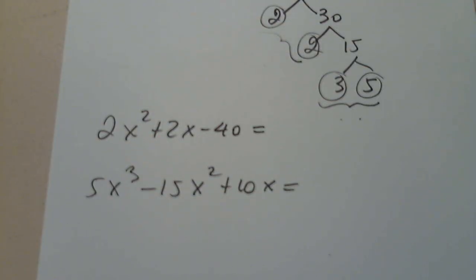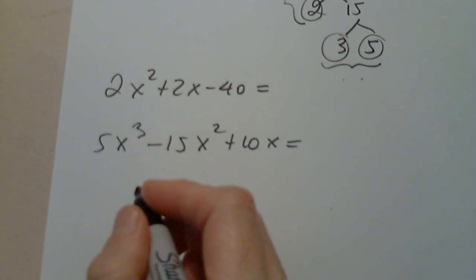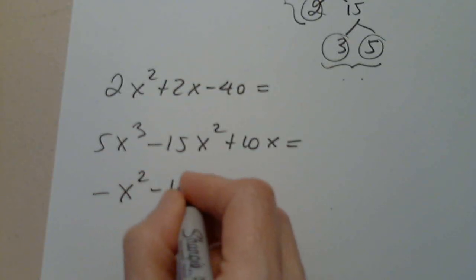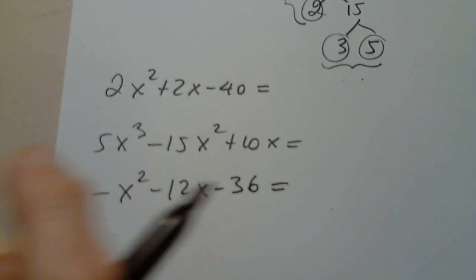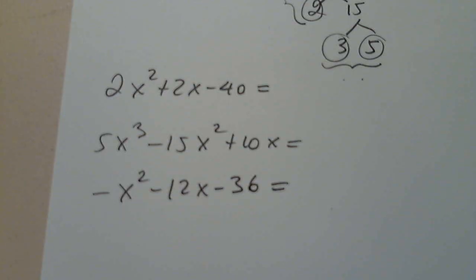They're just changing the variable. These are all the same. So let's work on 2x squared plus 2x minus 40. Yeah, actually on 28, I like to look at 28. X squared minus 12x minus 36. At least this book says something about the negative leading coefficient, so that's something. It makes me happy.